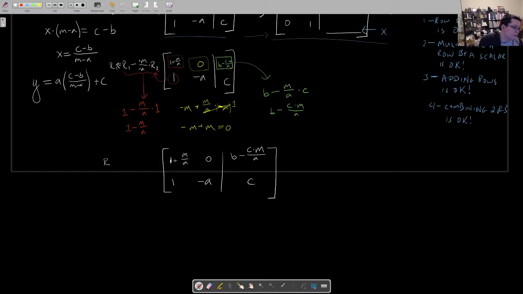Row 1 is going to have row 1 times 1 divided by 1 plus m over a, because we want this value to be 1, we're going to plug this number in here.